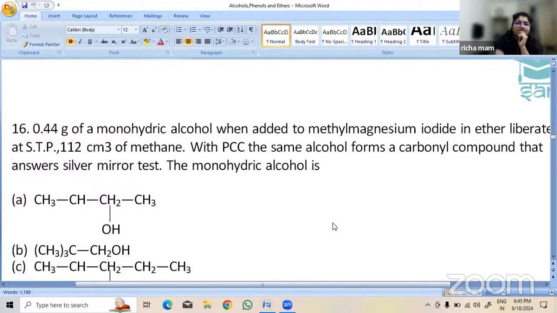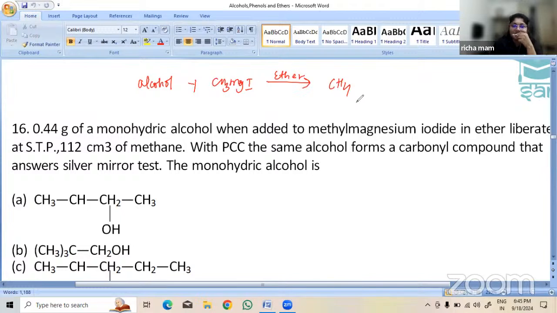So there is 0.44 grams of monohydric alcohol, and when you react this alcohol with methyl magnesium iodide in the presence of ether, it is liberating methane.